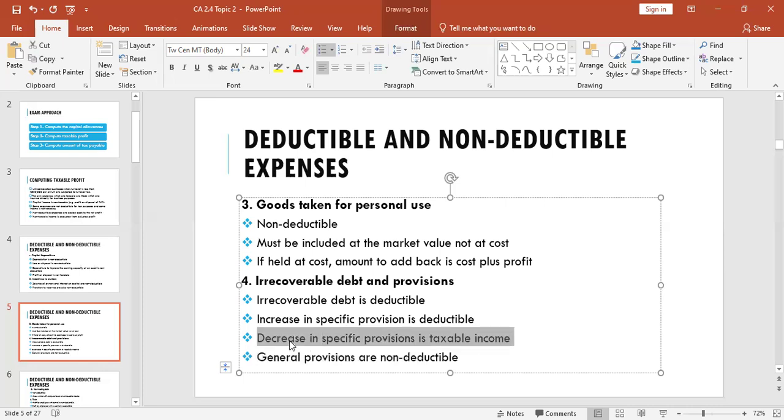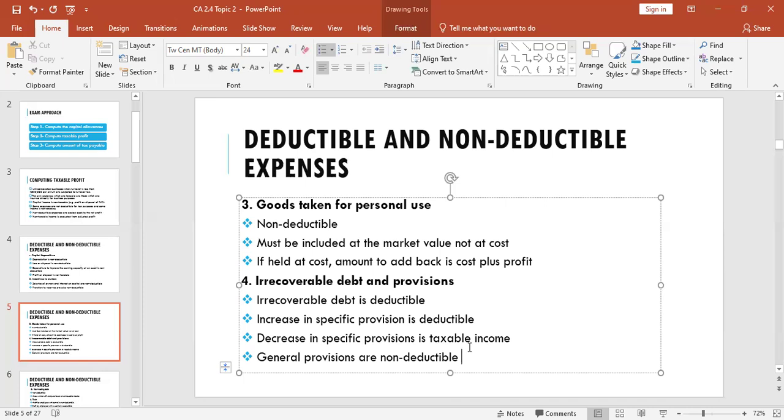So if it's taxable income, whenever you see a decrease in specific provisions, you don't have to do anything with that information. You just leave it as it is. But ZRA says general provisions are not deductible. So instead of specifying the amount of provision, instead of saying maybe out of our total receivables of 100,000, the specific provision is maybe 20,000 are going to go bad, that's a specific provision.